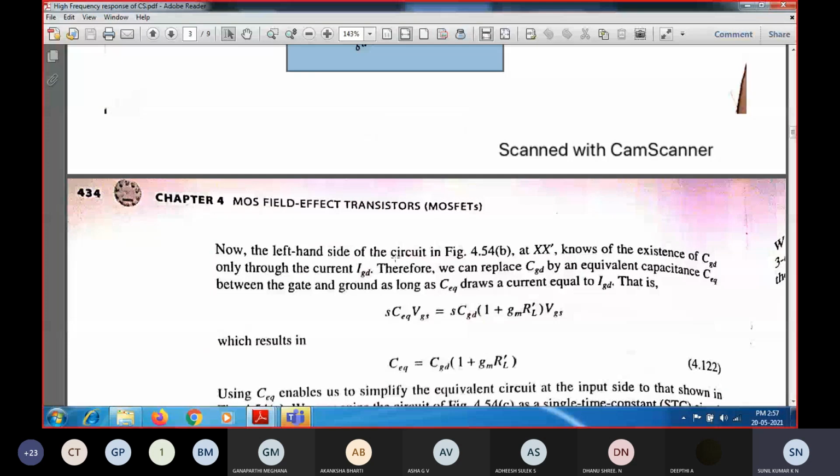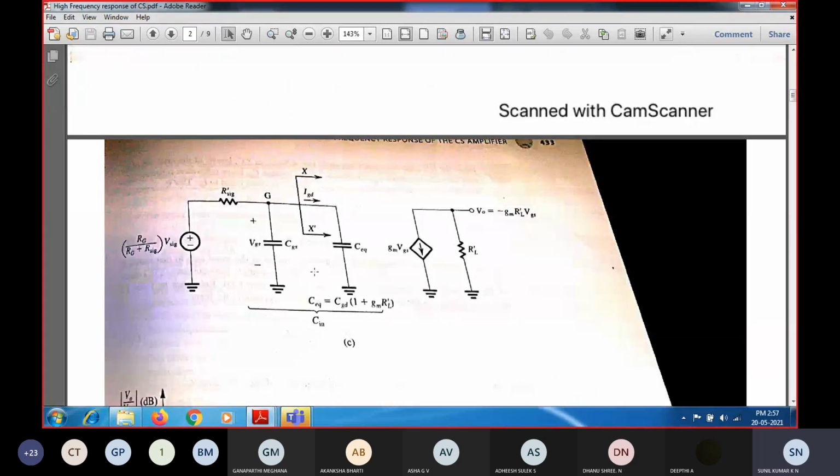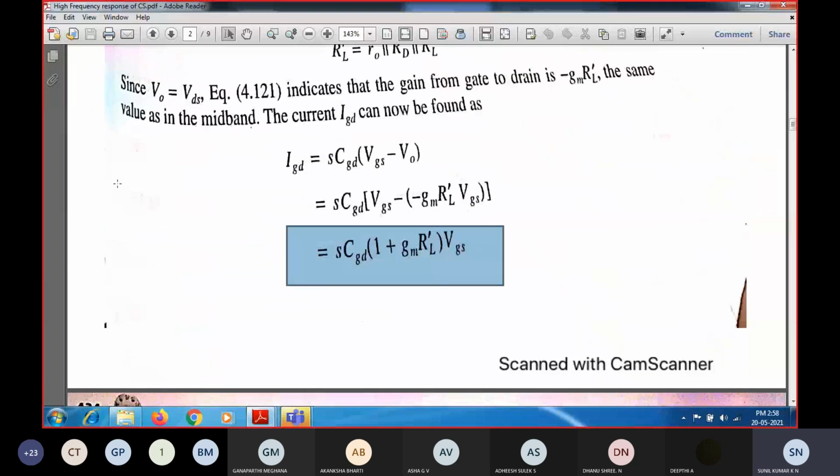Now if I want to see the circuit which has been partitioned earlier, this is the limit of partition, XX dash. One side of the circuit, the IGD, we have found out.